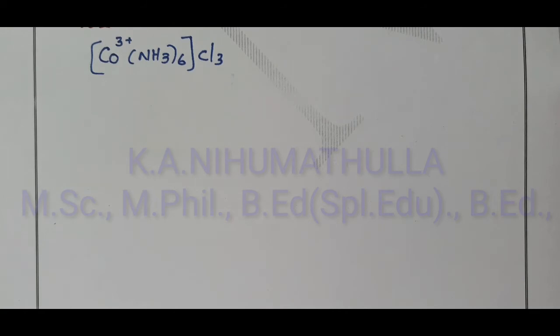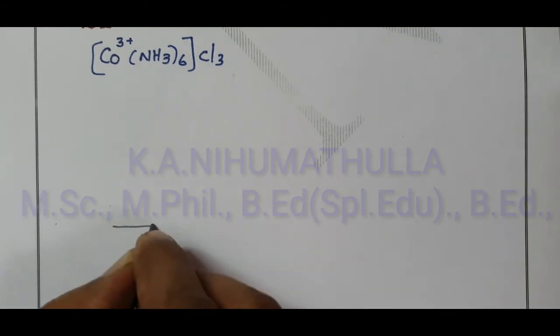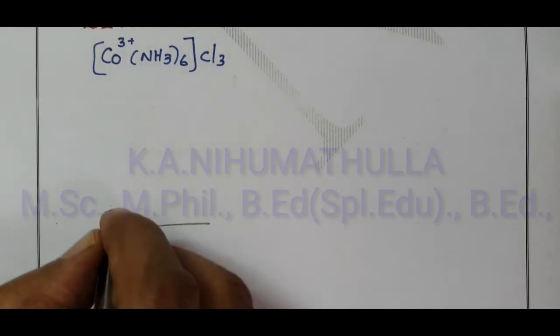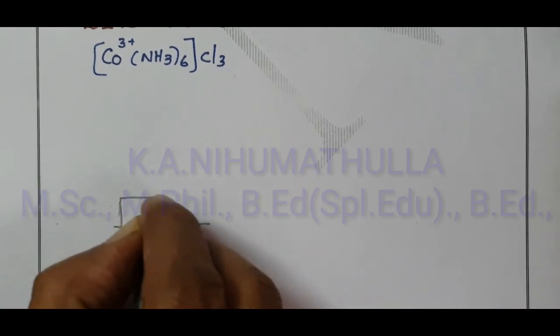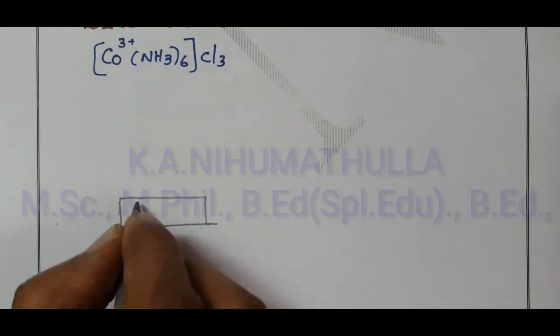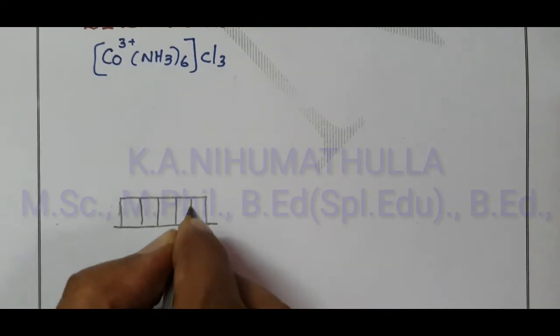Now, during the crystal field splitting, we know that in the isolated gaseous atom, the central metal ion is in an isolated gaseous state. All the 5 d orbitals are degenerate. Degenerate means they have equal energy.